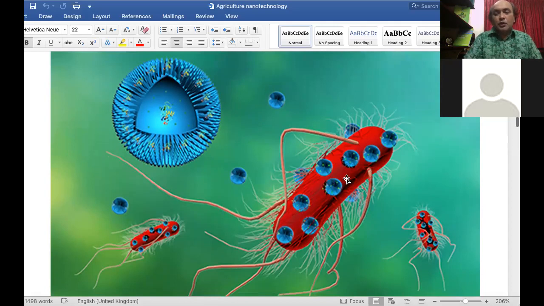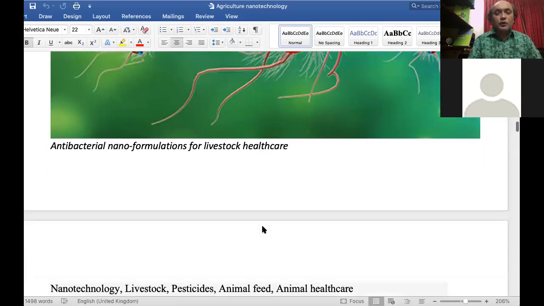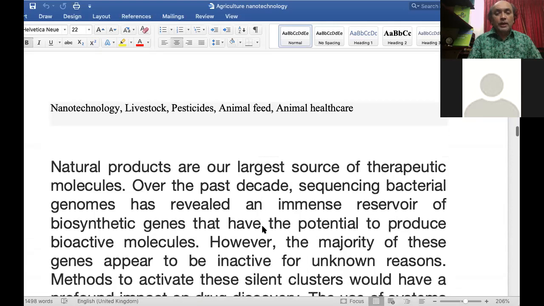The antibiotics livestock are taking are in all cases systemic. After taking, the whole body is poisoned, and as a result we can see the effect, but it has serious stress to the body also. If you can design a nano antibacterial formulation or drug which selectively targets the bacteria, that would be fantastic. So antibacterial nano formulation for livestock healthcare could be very important.